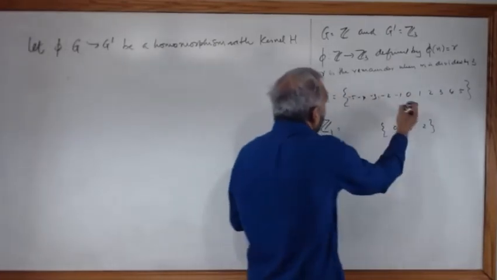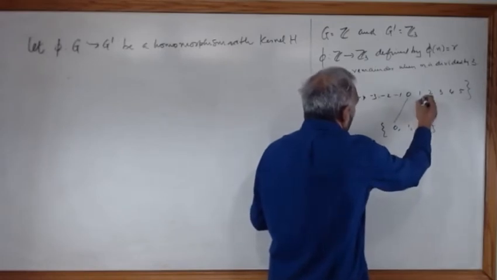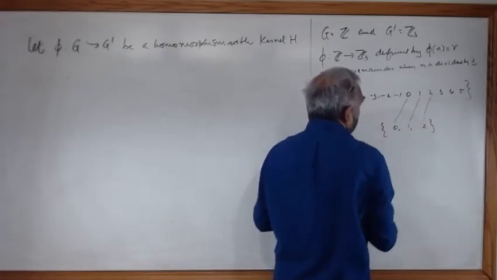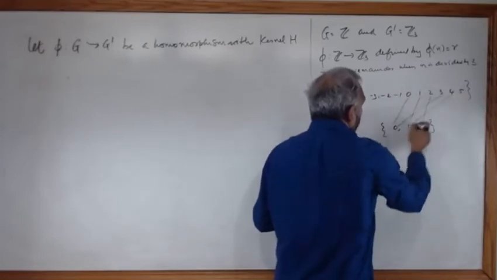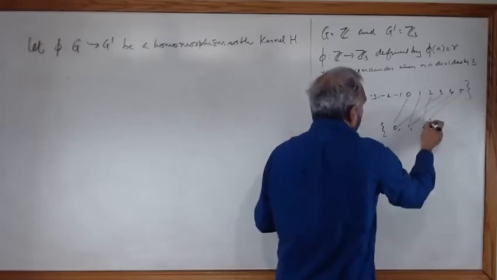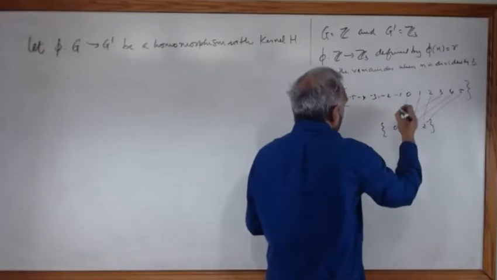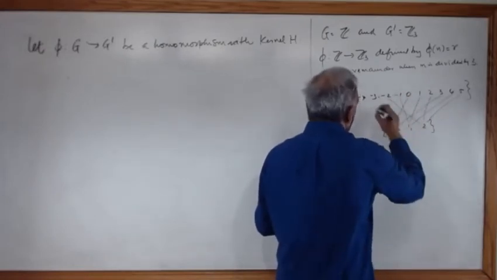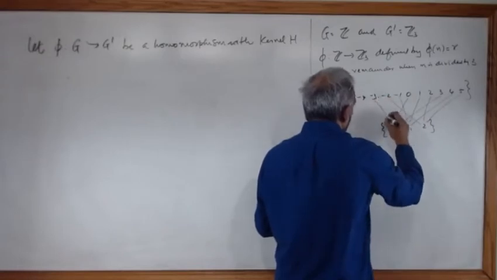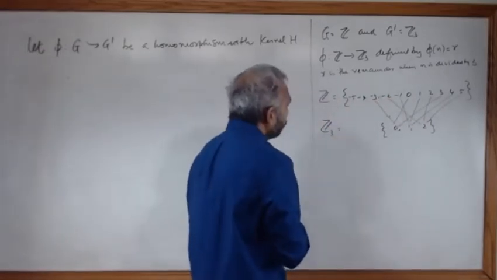So with this definition, 0 goes to 0, 1 goes to 1, 2 goes to 2, 3 goes to 0, 4 goes to 1, 5 goes to 2, minus 1 goes to 2, minus 2 goes to 1, minus 3 goes to 0 again.